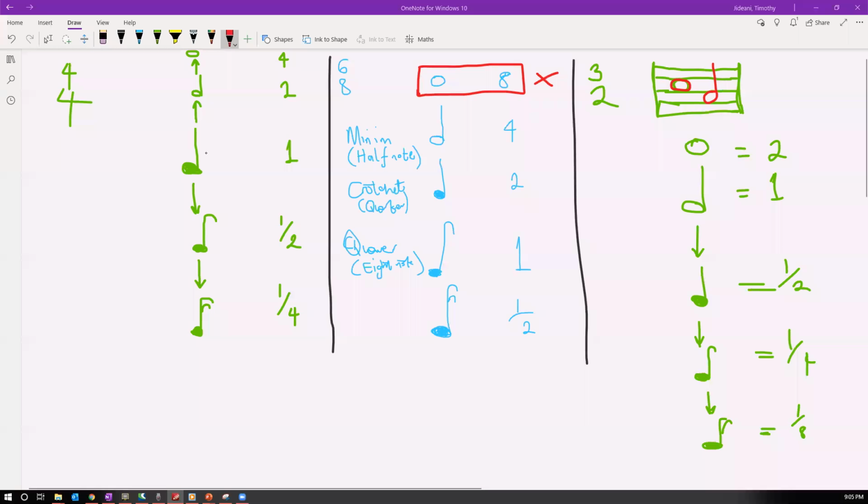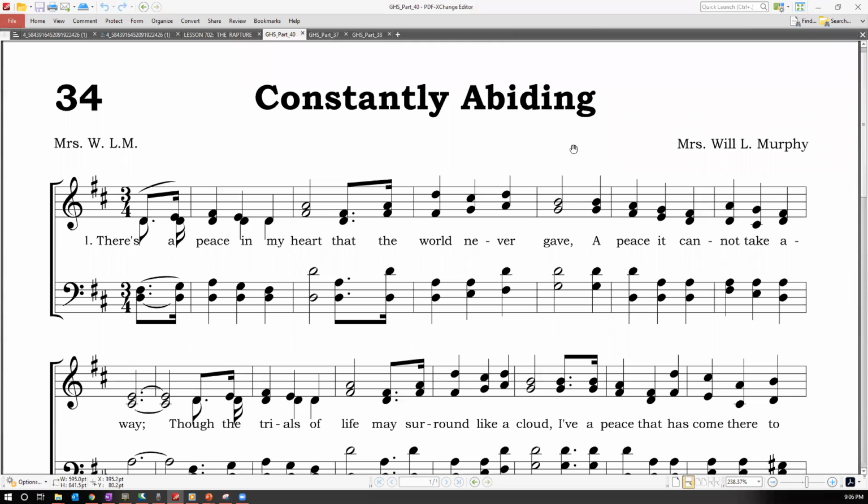We didn't do a 3-4, but it still applies. So that's one beat, and we need to add another one. So all making 2 beats in the bar.